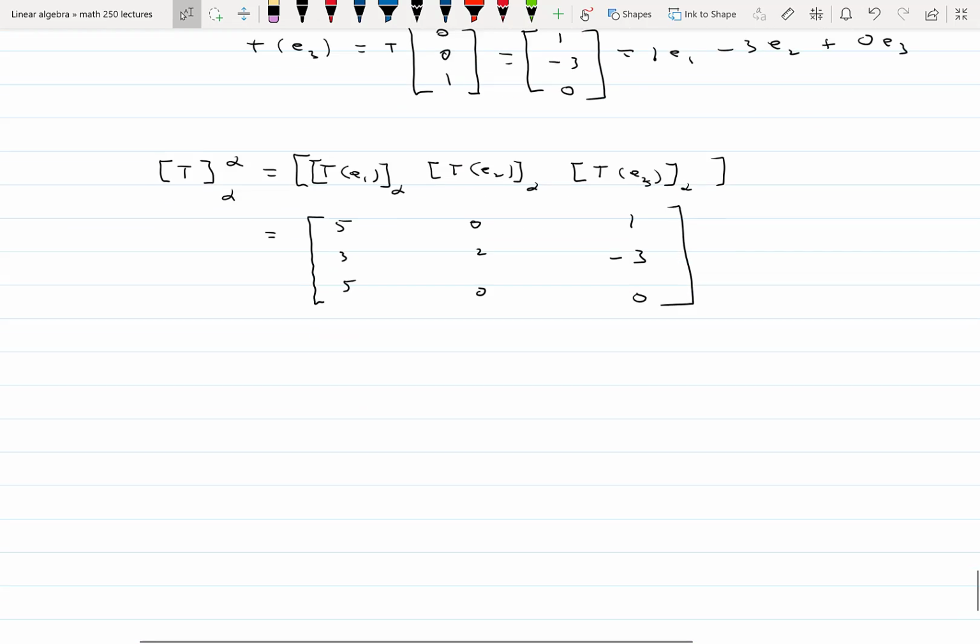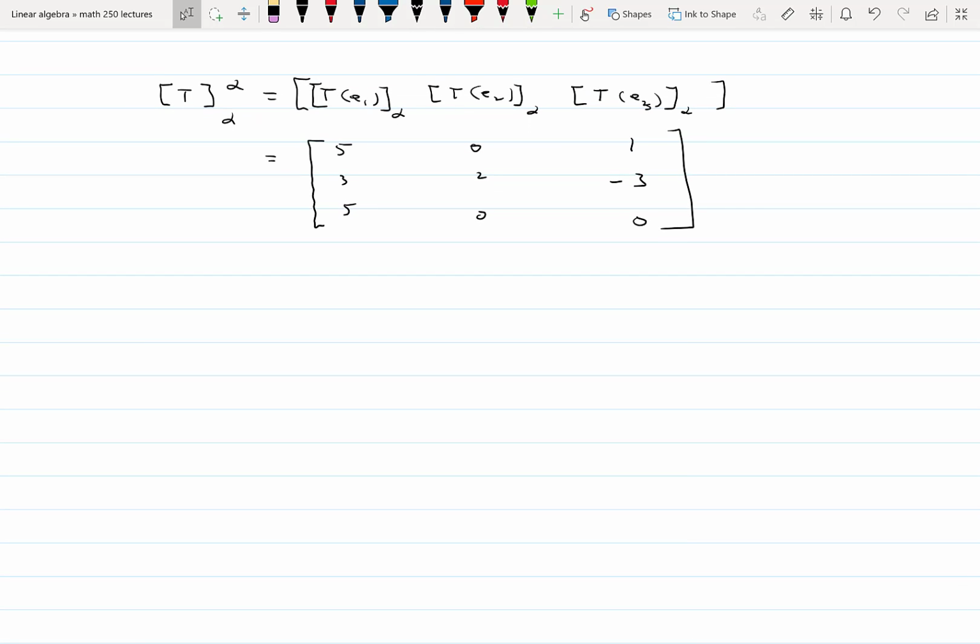So part B is quite a bit more complicated. For part B, I want to find the matrix of T with respect to the basis beta.